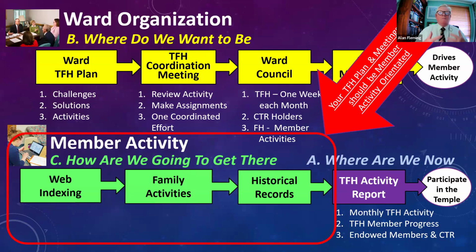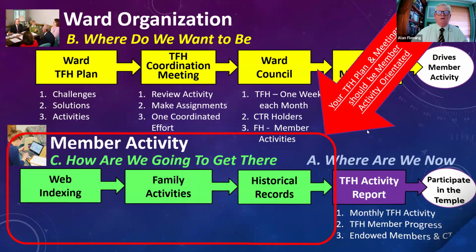All of those are member orientated. They're member driven. That's what we want to drive as member activity. Now, if we hold an event, the whole idea of that event is to help drive member activity. So that's what we want, is to drive member activity.